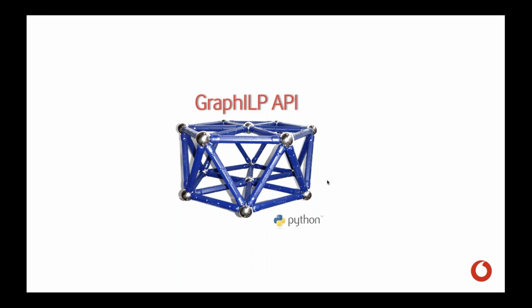Many of the problems that we're dealing with are actually problems on graphs. Because that's the case, we started to implement an API that should make it very simple to set up integer linear programs for solving graph problems very quickly. We've called it Graph ILP API, and again, it's written in Python, making use of the Gurobi Python API.